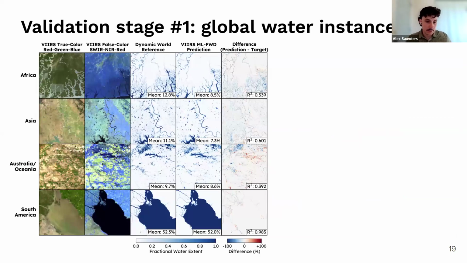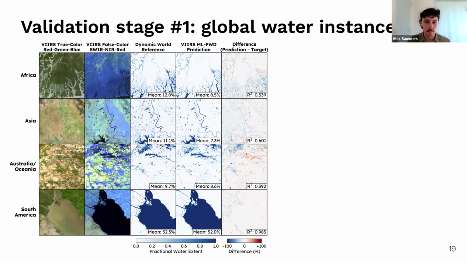So these are some outcomes from that first validation stage, just showing some example chips from several of the continents. Just to situate your eyes, the third column is the Dynamic World reference data, and the fourth column is our algorithm prediction.